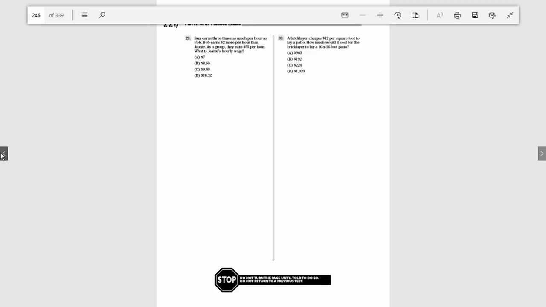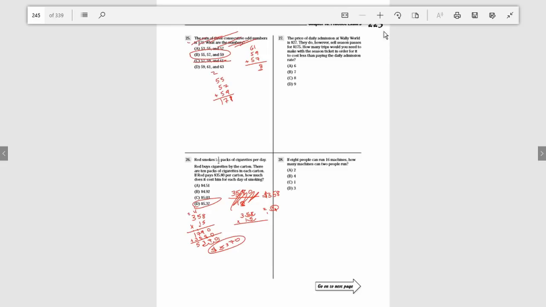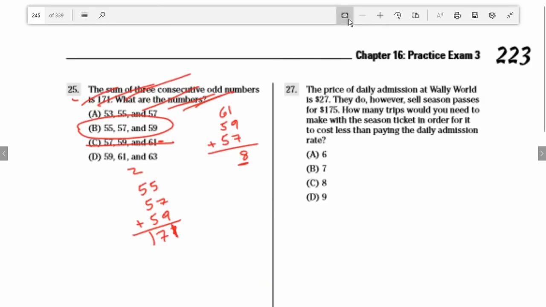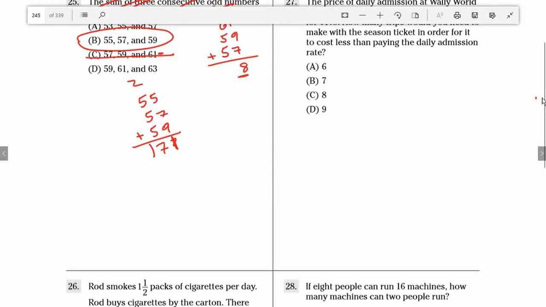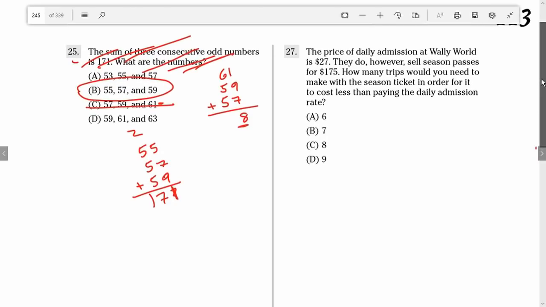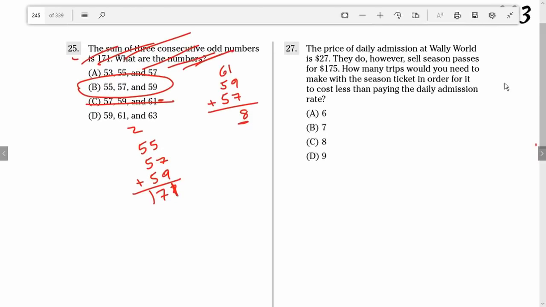Now, let's go back to 27. The price of daily admission at Wally World is $27. They do, however, sell season passes for $175.